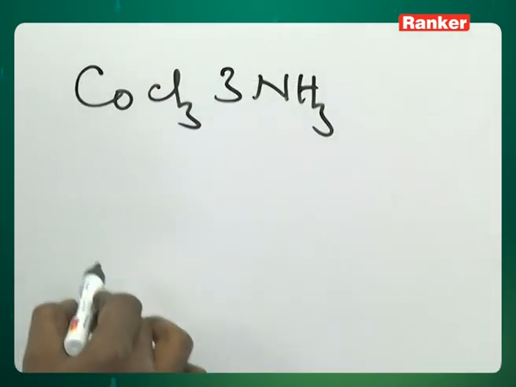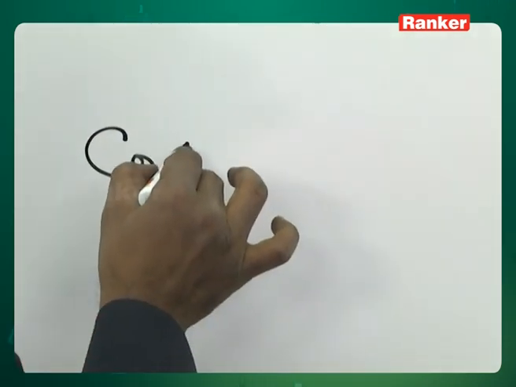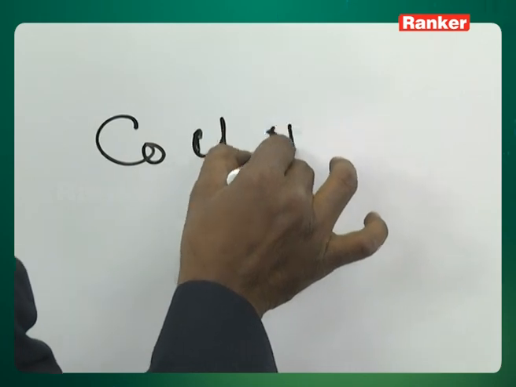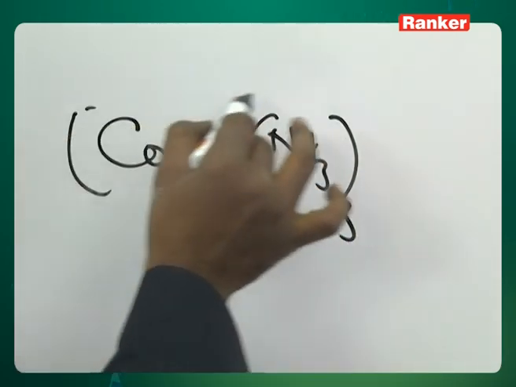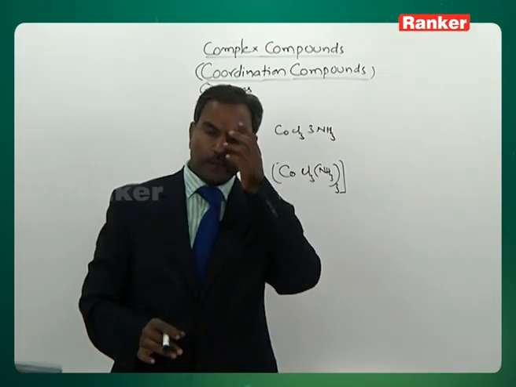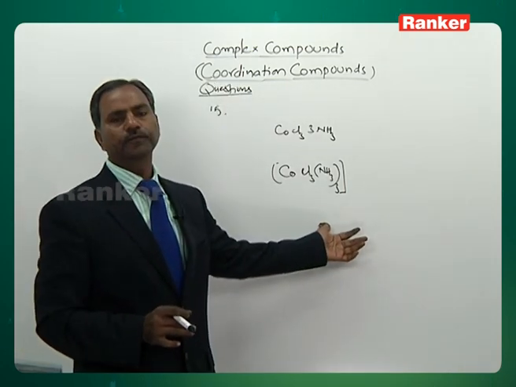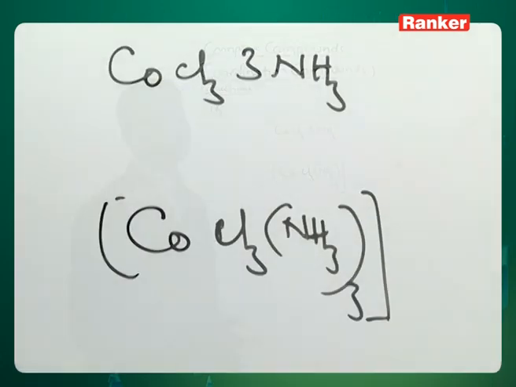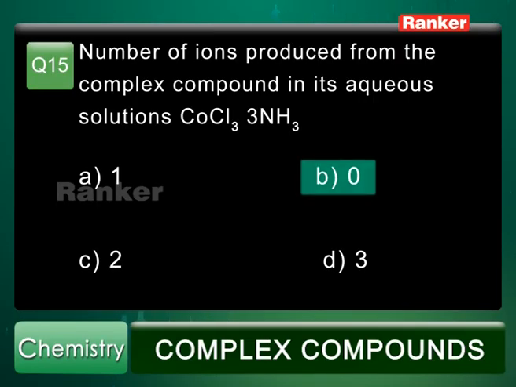Now, if you write the chemical formula of the complex, Co Cl3 (NH3)3. This is the complex. What is the question actually? How many number of ions? There is no ion. It is actually a neutral complex. So 0 ions. Answer is what? 0. Therefore answer is B.